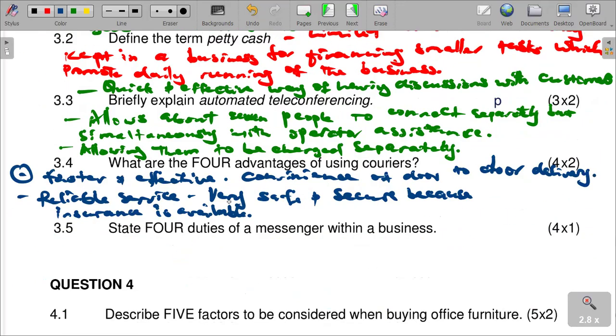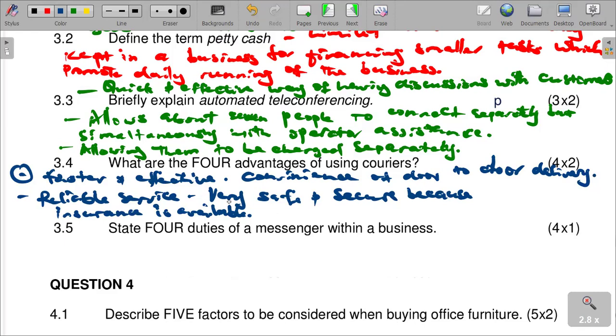There is convenience of door-to-door delivery, and it is a reliable service, very safe and secure because insurance is available. So this can be quite a good advantage in terms of courier.